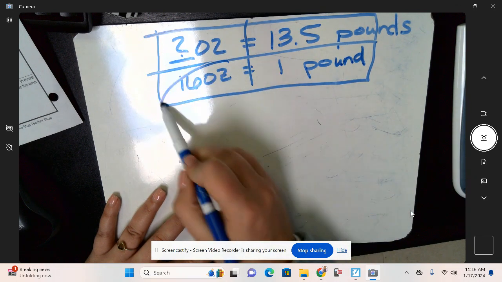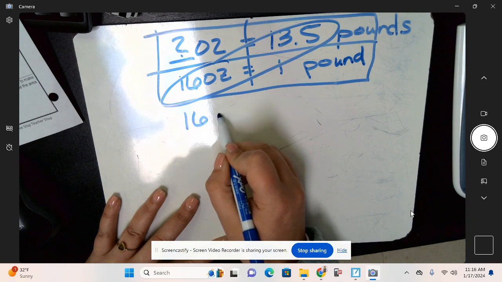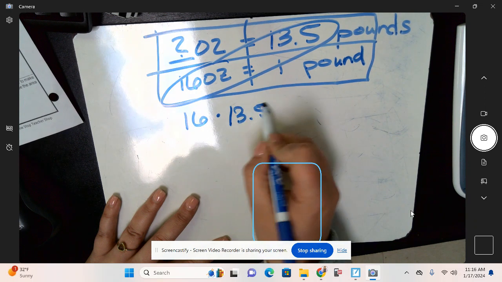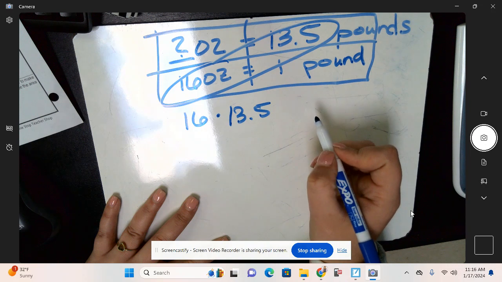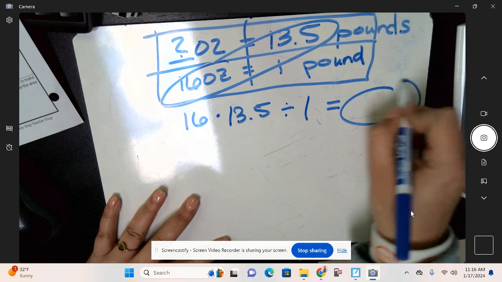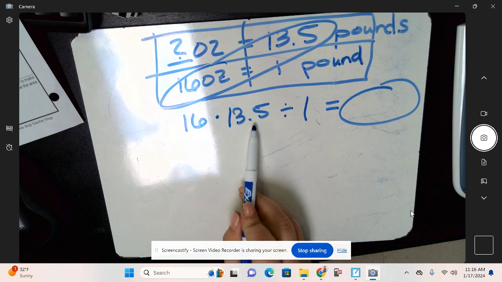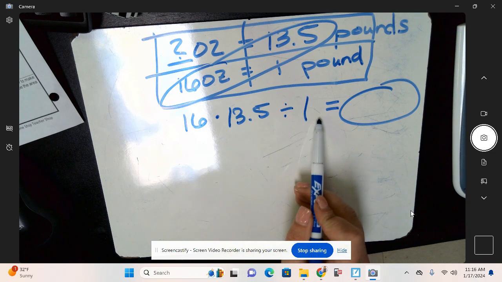So we can cross multiply 16 ounces times 13.5 pounds, and then divide it by 1, and it's going to tell me how many ounces are in 13.5 pounds once I put that in my calculator. So I would do 16 times 13.5 divided by 1.